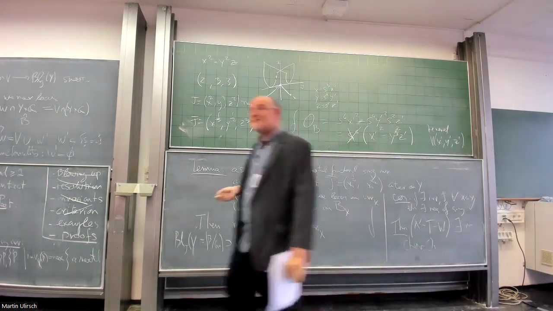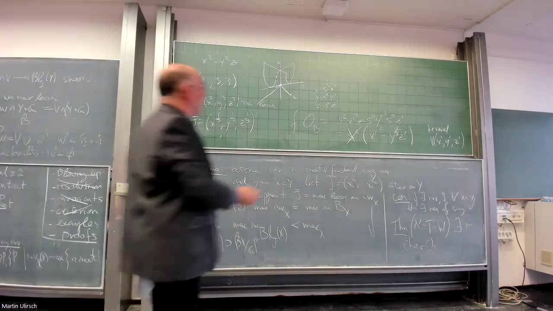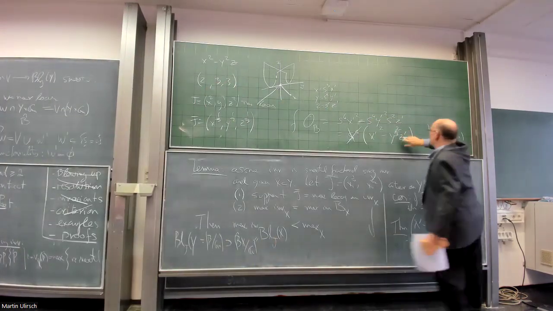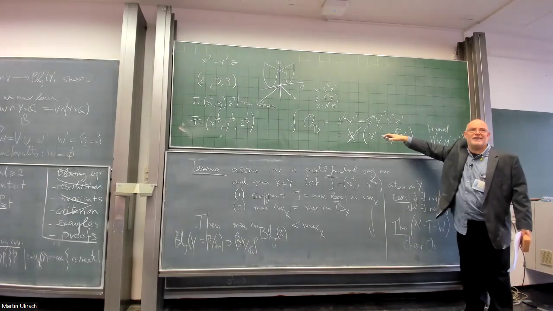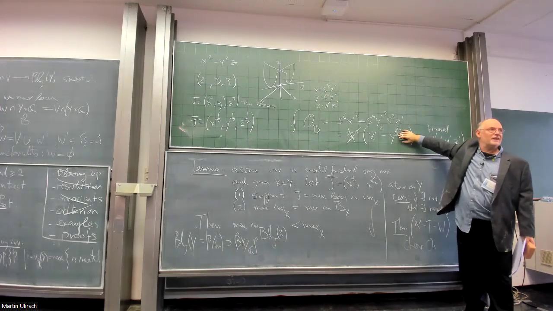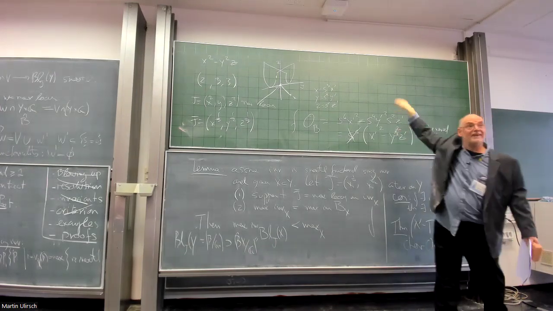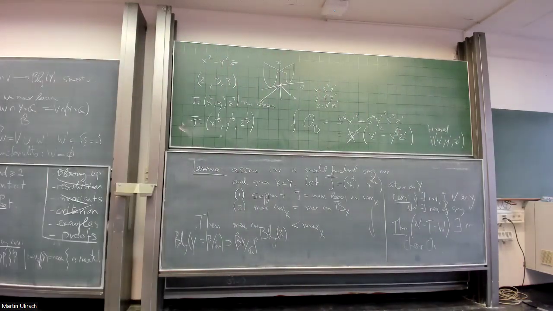So what Martin says, I've removed the worst locus in the deformation to the normal cone. And therefore, the remaining worst locus is when z is a unit. The other loci are smooth, but when z is a unit, you get just the normal crossing intersection. 2, 2 is the invariant, which is definitely smaller than 2, 3, 3. So that's one example.